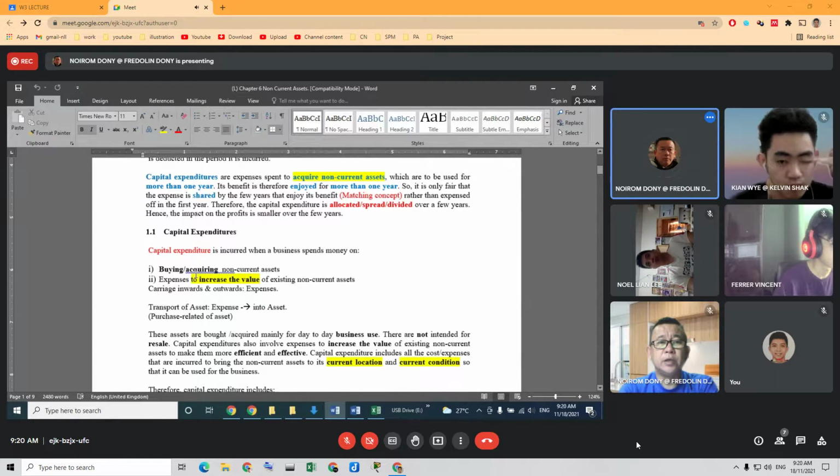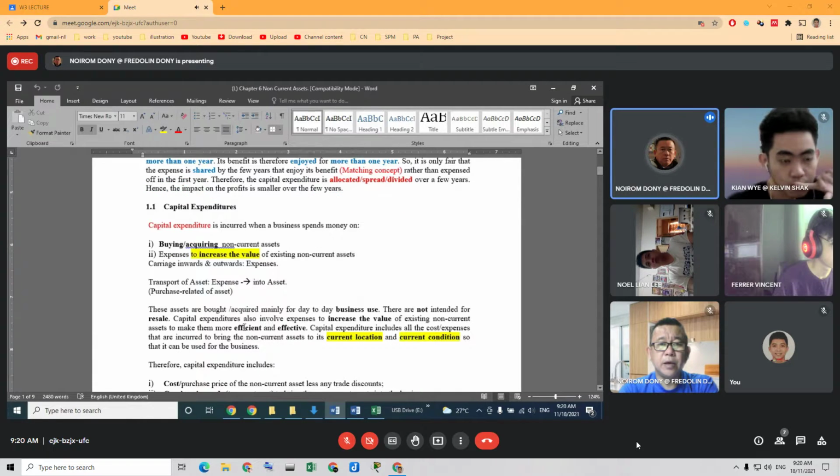What else? Installation. Okay, let's say this machinery needs to be installed by a specialized engineer. So the fees that is paid to the engineer will be considered as part of capital expenditure also. Okay, that is the meaning, expenses to increase the value.